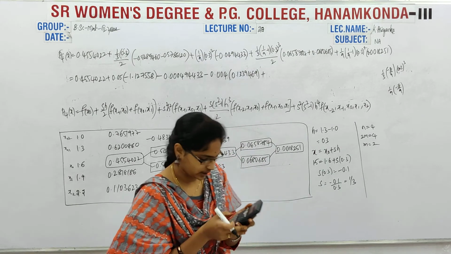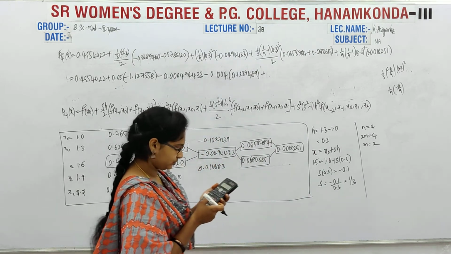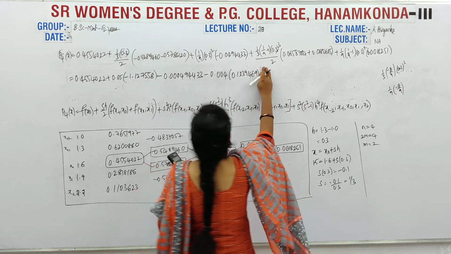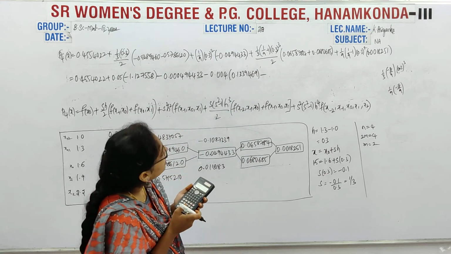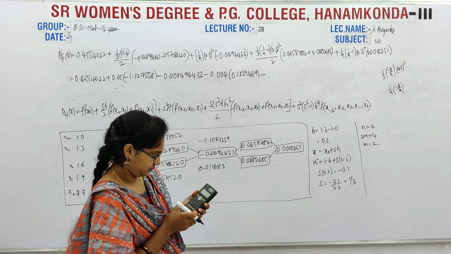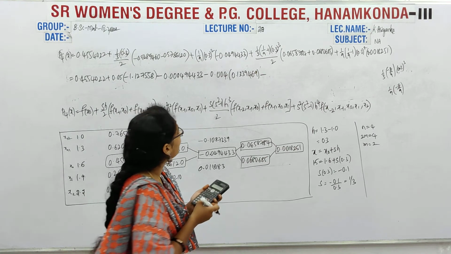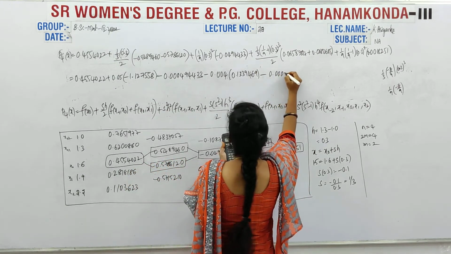First of all 0.3 whole to the power of 4, okay, into open bracket. Here also we will get minus, no, 8 by 81. Close bracket. So we have one value 0.0008.